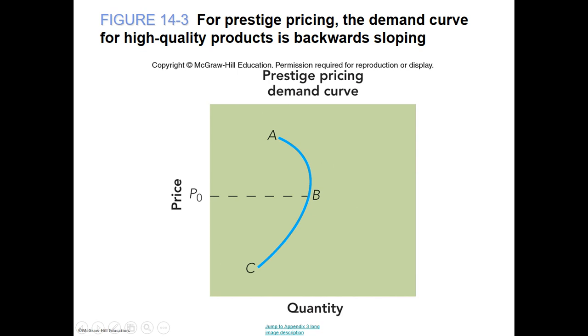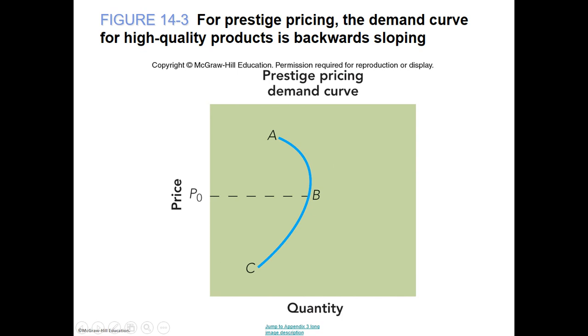For prestige pricing, the demand curve for a high quality product is actually backward sloping, like this blue line here. Meaning that if you start from point C here, you increase price, and you can actually sell more. And then you increase price further, you're going to sell less.